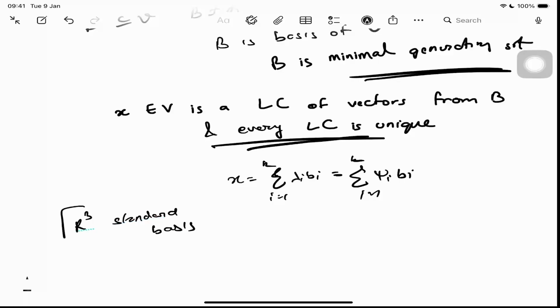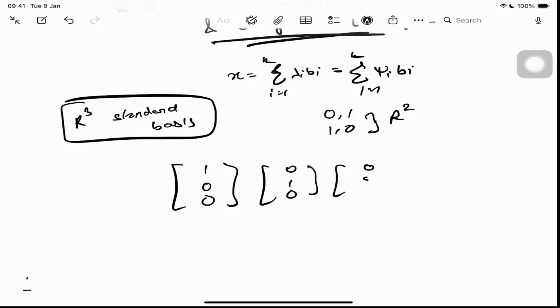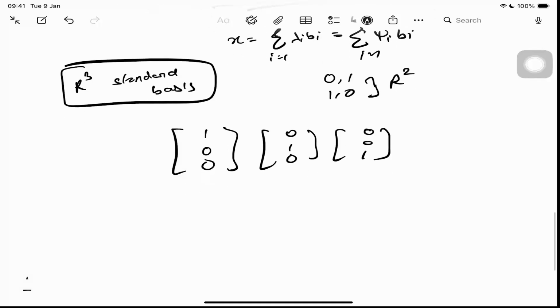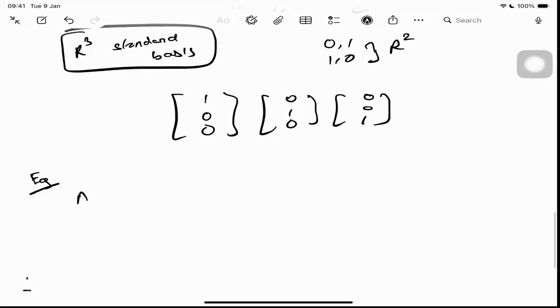Standard basis is like the standards, right? Suppose (0, 1) and (1, 0), this is the standard basis for two dimensions. For three dimensions, these are the standard bases.